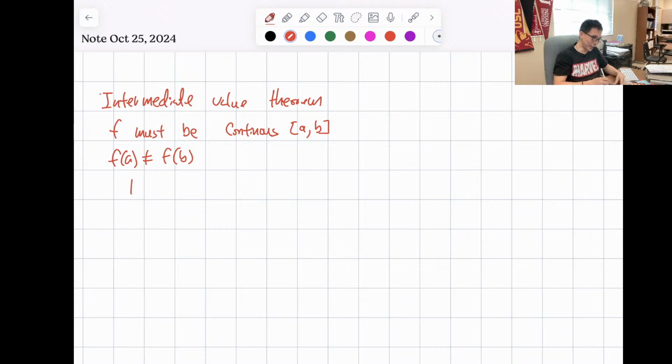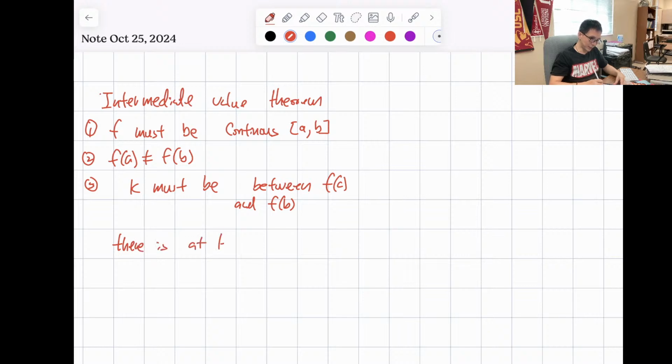The third thing is k must be between f of a and f of b. So 1, 2, 3. The result says there's at least one c where f of c is equal to k.